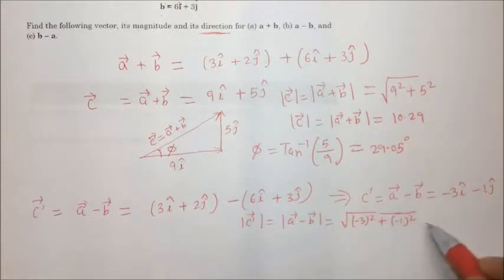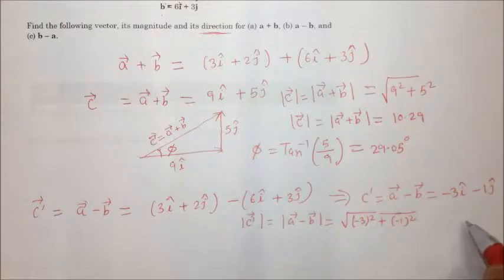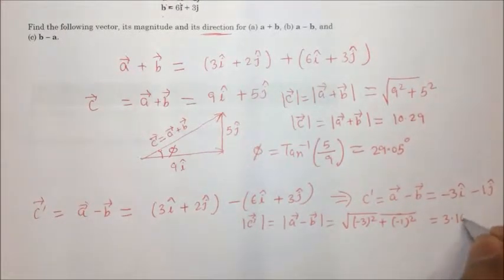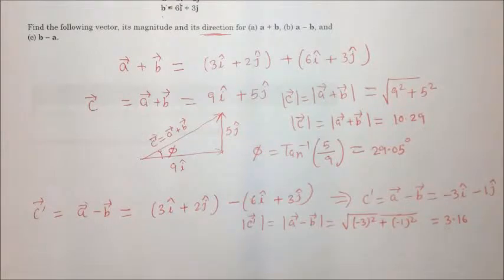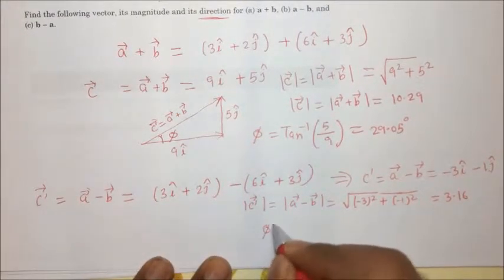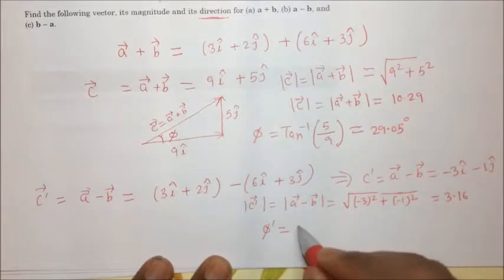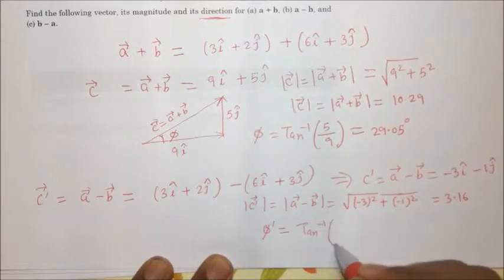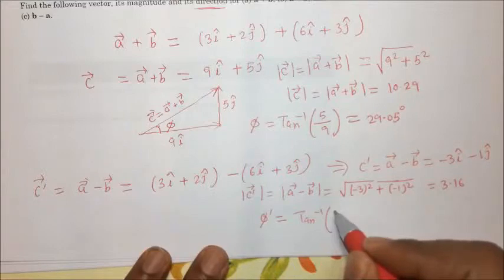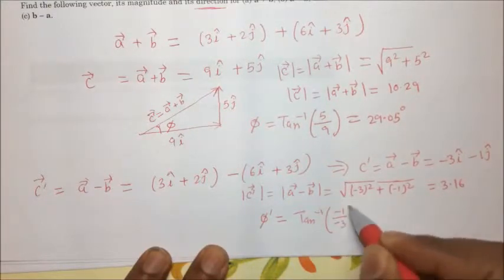And this is going to be square root of 10. This is going to be 3.16. The new angle phi prime you can calculate. Phi prime is tan inverse, with the same logic, minus 1 over minus 3.